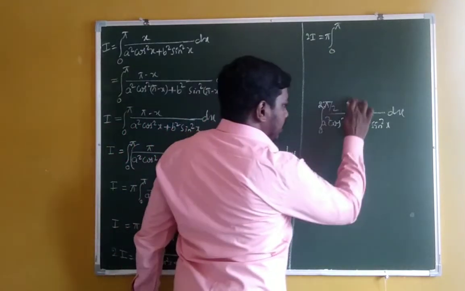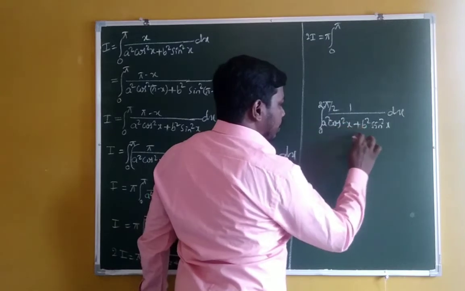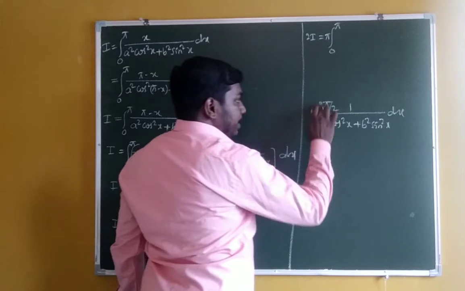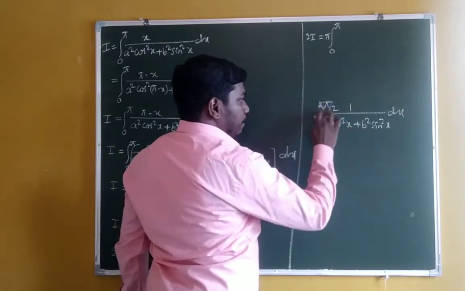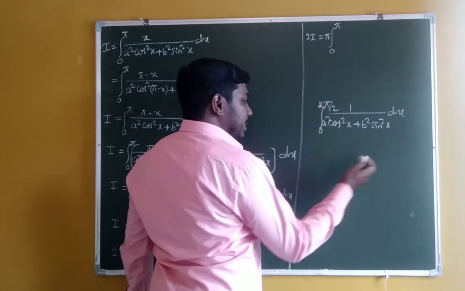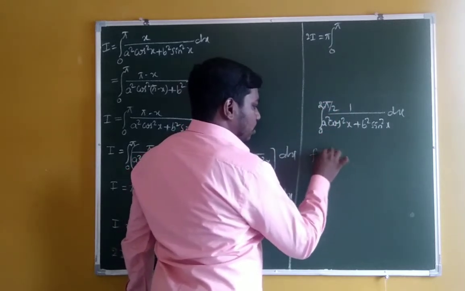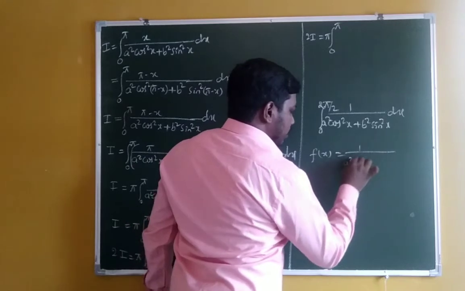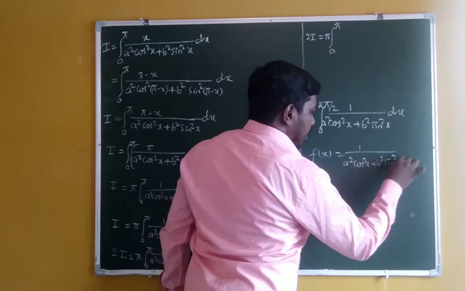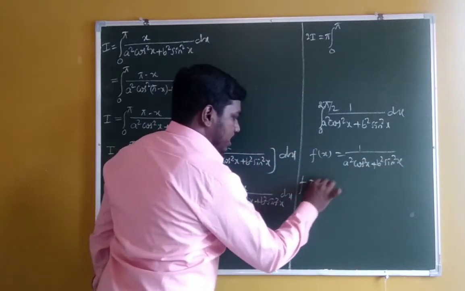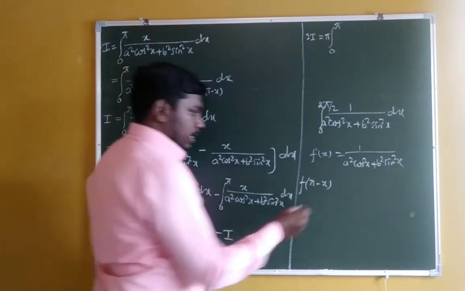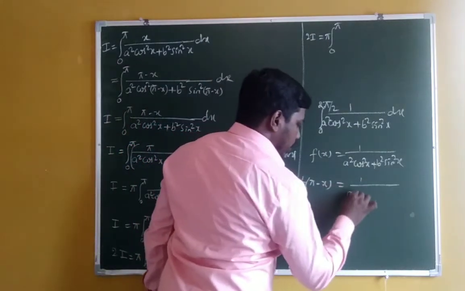So f of x is 1 over a square cos square x plus b square sin square x, correct. Replace x with pi minus x. So f of pi minus x is 1 over a square cos of (pi minus x) whole square plus b square sin of (pi minus x) whole square.